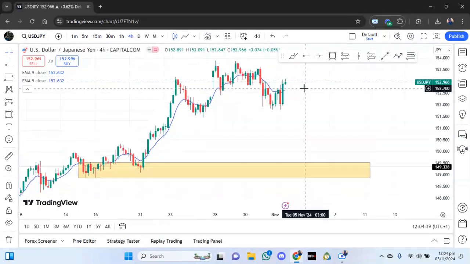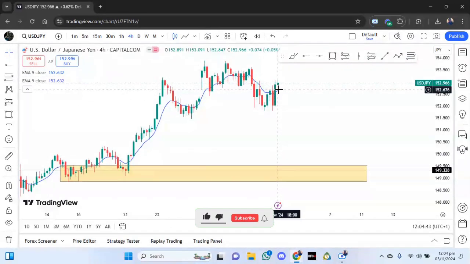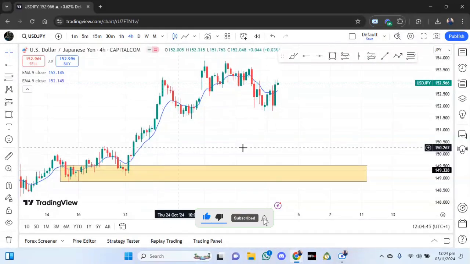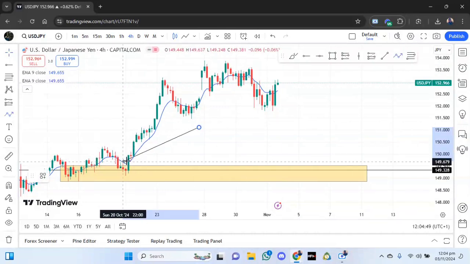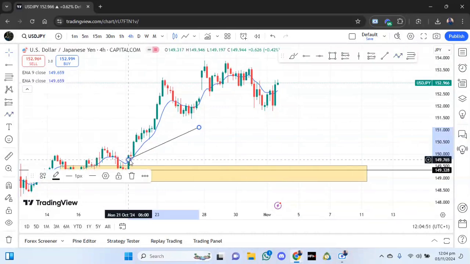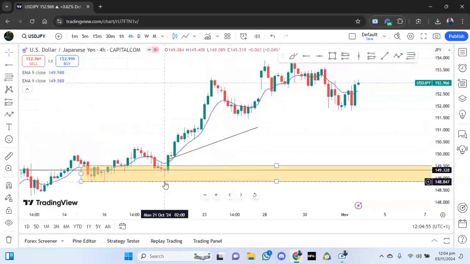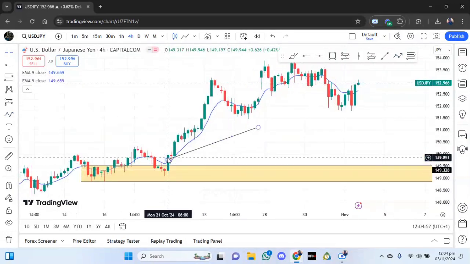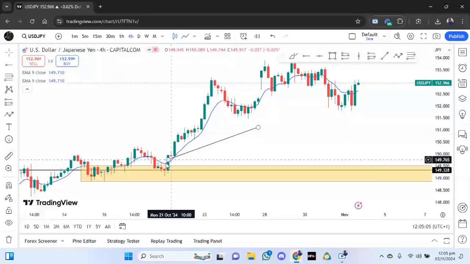As you can see, price is above the moving average. But in a situation like this area, you can see the moment it was on support here, price broke and went above this moving average. So this would have been a good sign to place a trade.